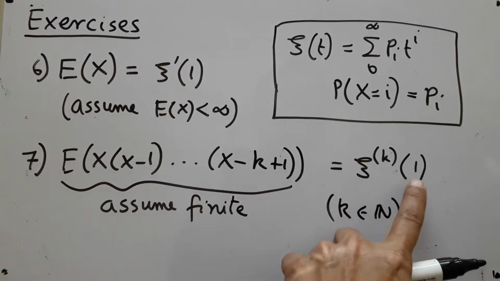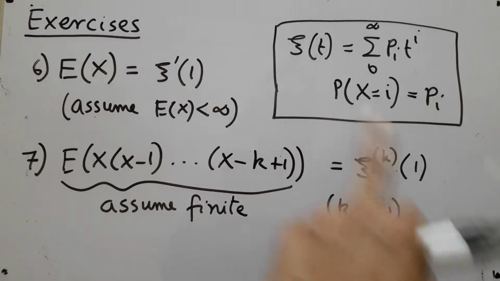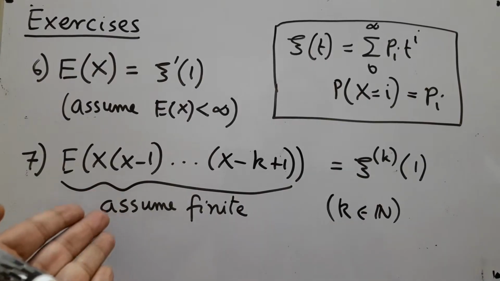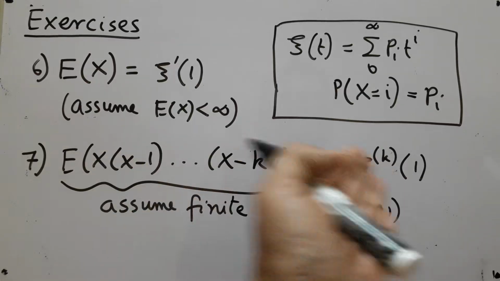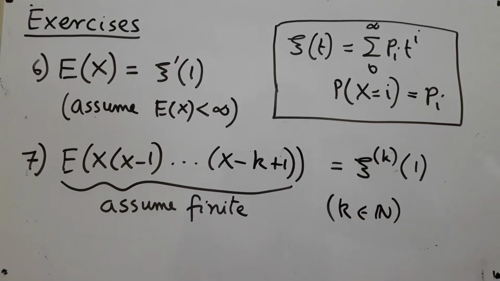The kth derivative evaluated at 1. So now I am not evaluating it at 0. In these two exercises, I am evaluating the derivative at 1. Again, I am allowing you to assume that this is finite. That is actually not very essential. Even if it is infinite, this will also turn out to be infinite. And as before, you consider only the left hand derivative at 1.